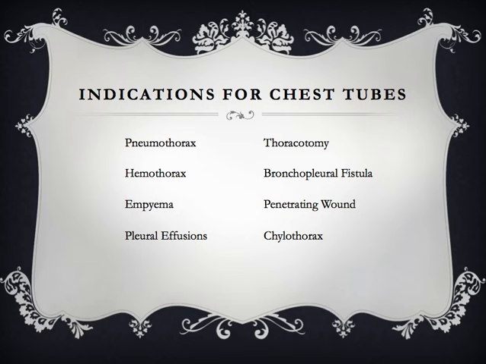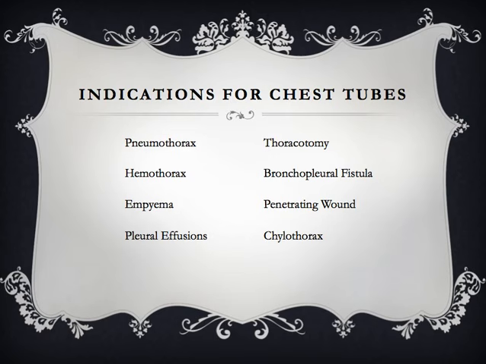There are many reasons why we put chest tubes in. The first is a pneumothorax, which is air within the pleural space. There's a hemothorax, which is blood within the pleural space. An empyema, which is pus or purulent discharge within the pleural space.